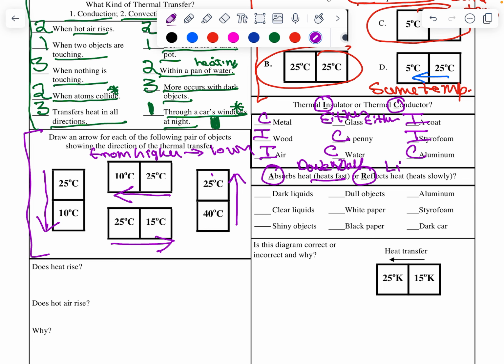This would be light and shiny. So my light and shiny will be reflects, reflects, reflects, reflects. And then absorbs heat will be my dark and dull: a dark car. Styrofoam, that's a hard one. That's going to heat slowly. So this is a hard one, and I'm going to put a question mark by that.